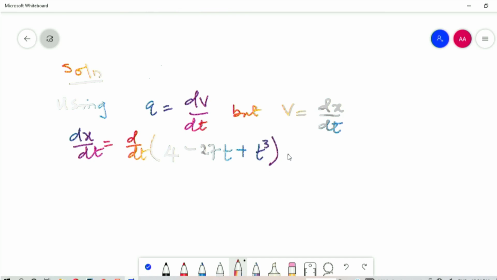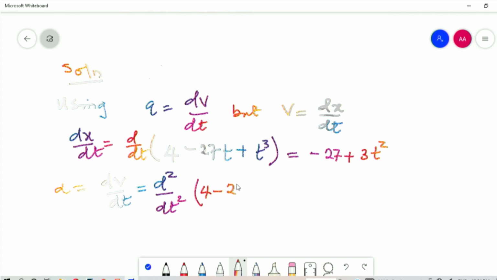So that gives us minus 27 plus 3t squared. Then acceleration is now equal to dv upon dt, which is the same thing as d squared upon dt squared of 4 minus 27t plus t cubed.